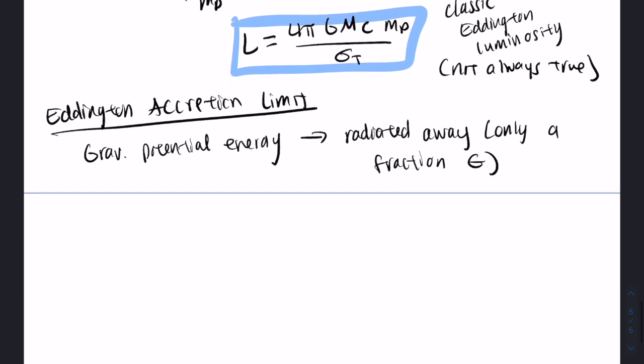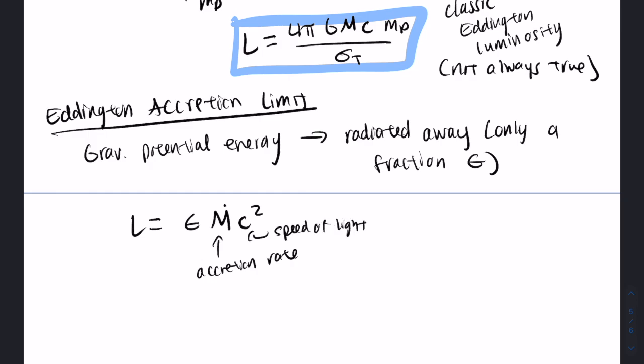So the luminosity due to accretion is going to equal epsilon times m dot c squared. So that's the energy of the accretion times some factor epsilon. m dot is the accretion rate, c is the speed of light, and epsilon is the fraction of energy that's radiated away as luminosity.